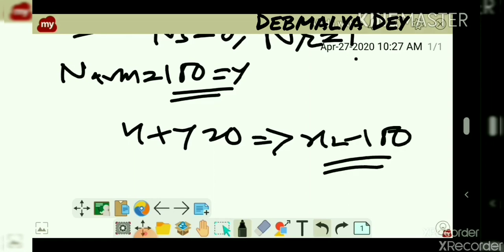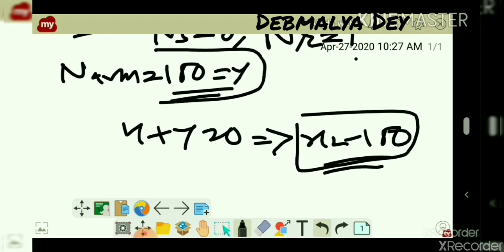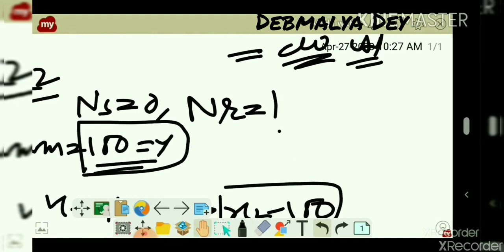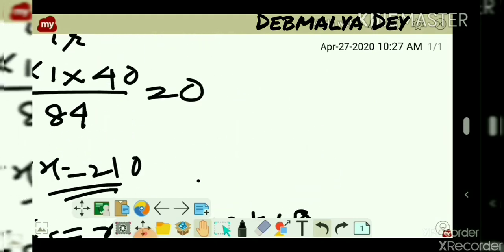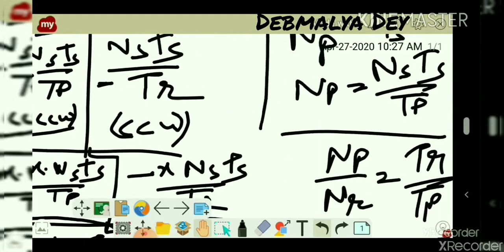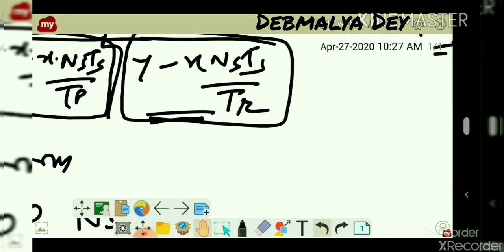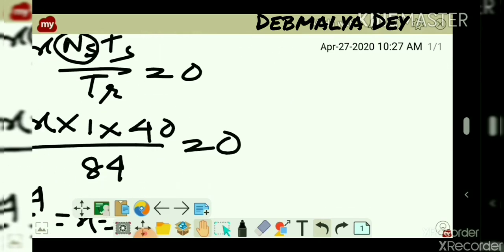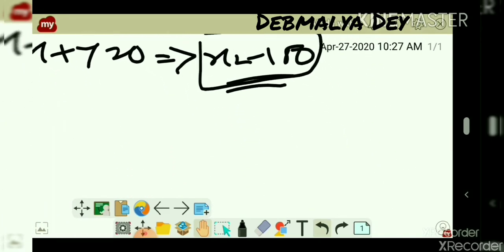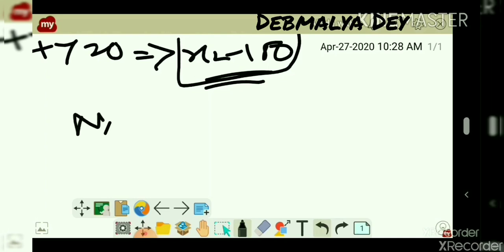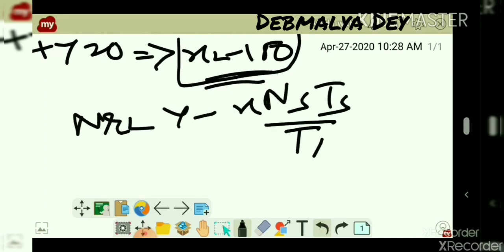So x plus y equals 0, and if y equals 100, x equals minus 100. Now we have found the value of x, we know the value of y. Now we need to find the value of nr. The equation for nr is y minus x ns ts by tr.